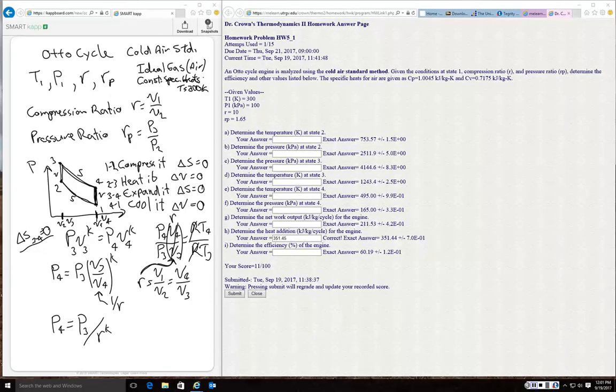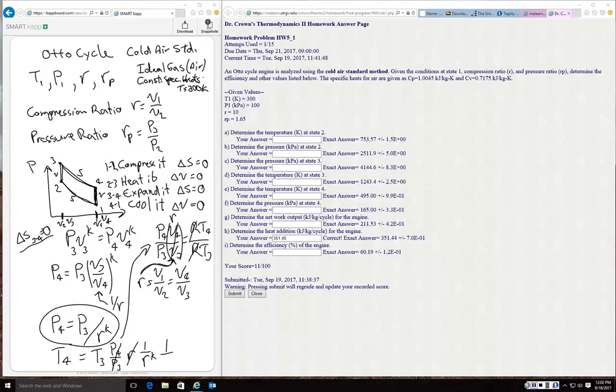And then I can use this in the other expression, so P4 over P3 equals 1 over R to the K, and I get that then T4 equals T3, and I'm using this expression up here, times P4 over P3 and then times R. And P4 over P3 from this expression is 1 over R to the K. And I can write R as 1 over R to the minus 1.